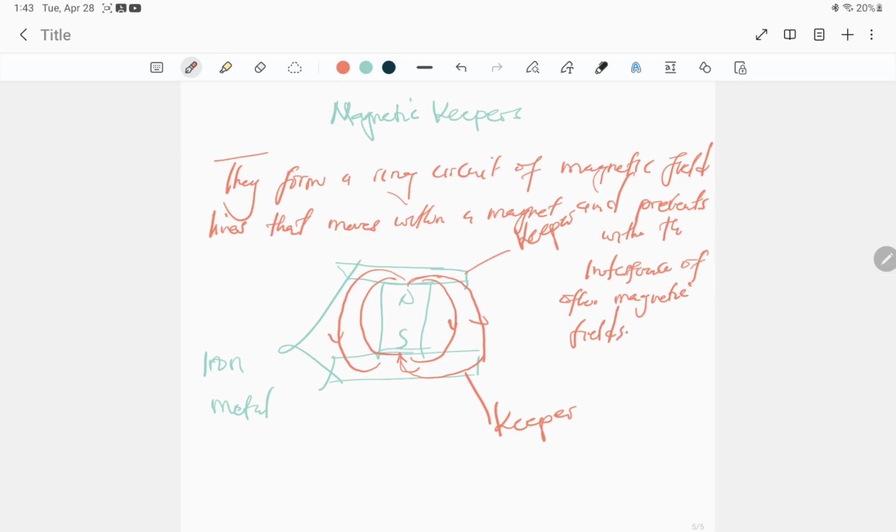So that is how it keeps the strength of a magnet for some time.